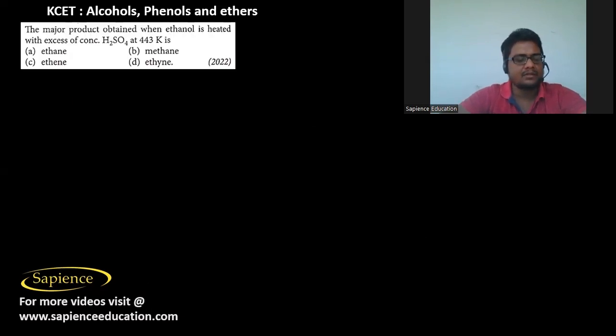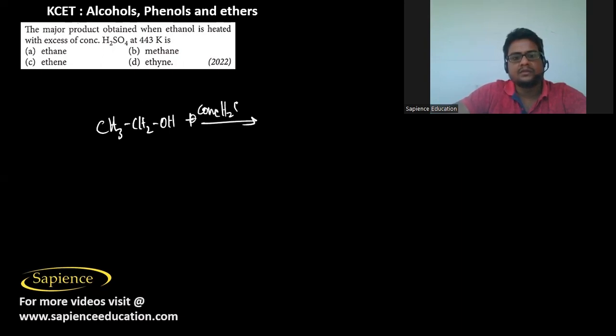Then it is told: the major product obtained when ethanol, which is CH3CH2OH, is heated with excess of concentrated H2SO4 at 443 Kelvin.